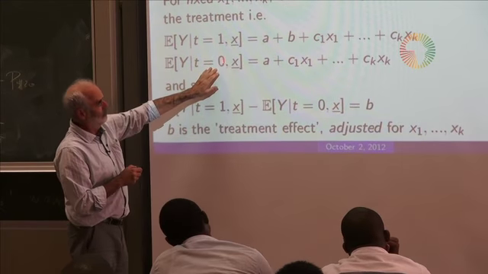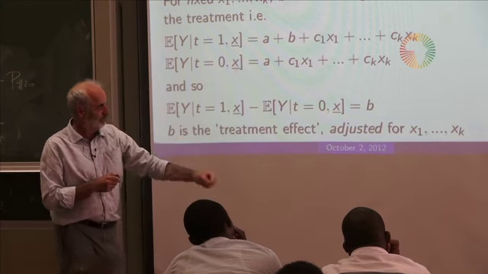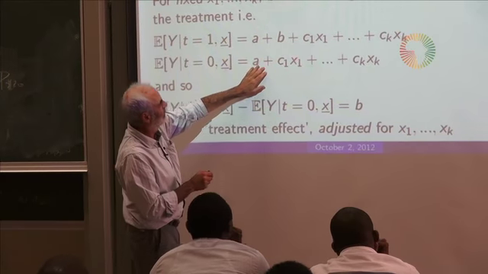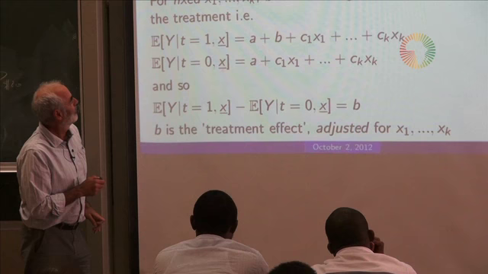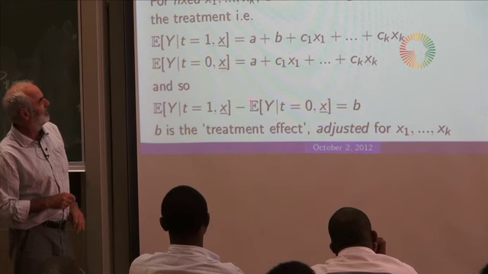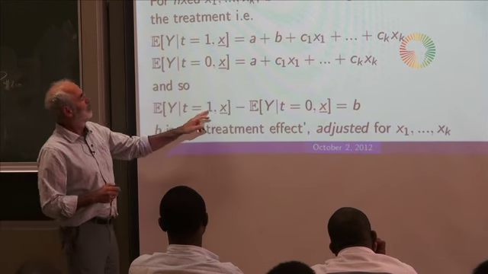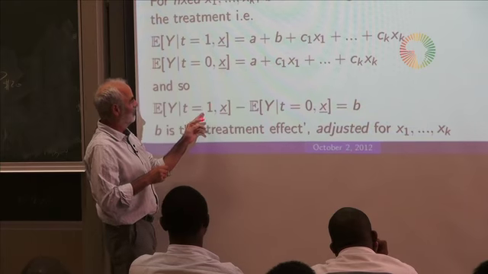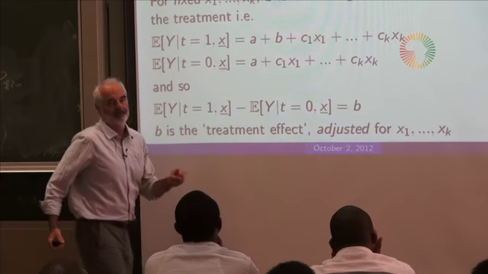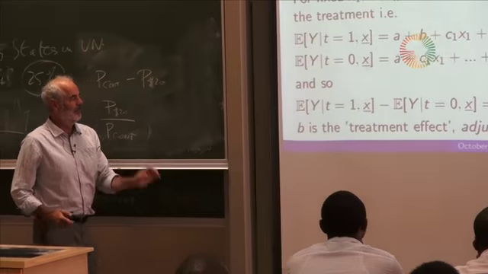And if you didn't give him the treatment, his expected result would just be A plus this lot. So if we subtract these, we see that B is the difference in the expectation from getting the treatment for fixed x, regardless of what x is. Whatever x is, B is the expected result.